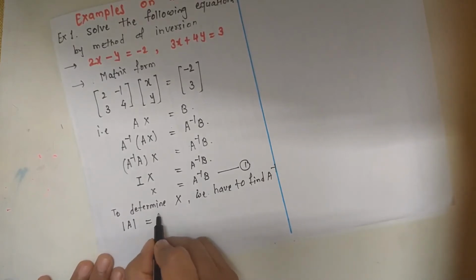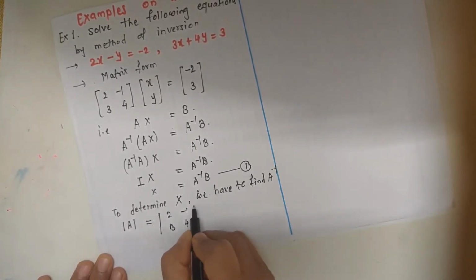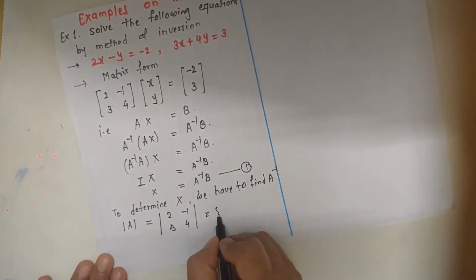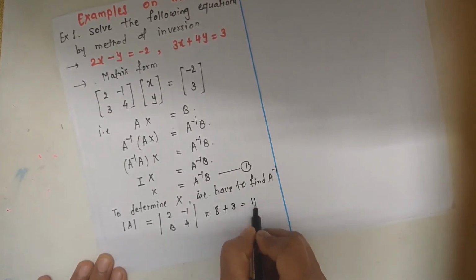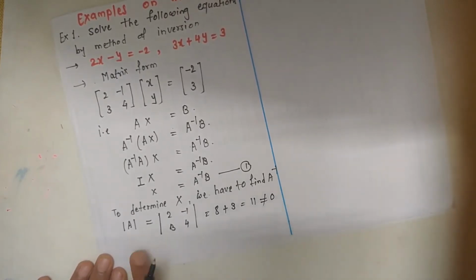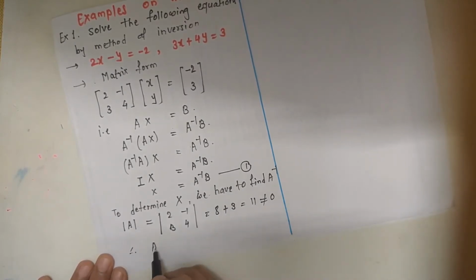So the determinant of A, with rows 2, minus 1 and 3, 4, is 4 into 2, 8, plus 3, equal to 11, which is not equal to 0. The value of the determinant of A is not equal to 0, therefore A inverse exists.